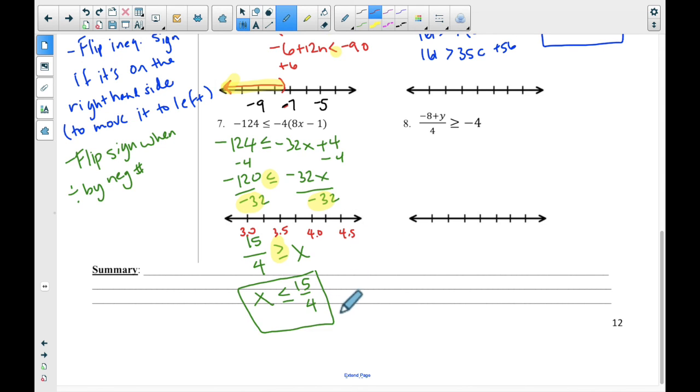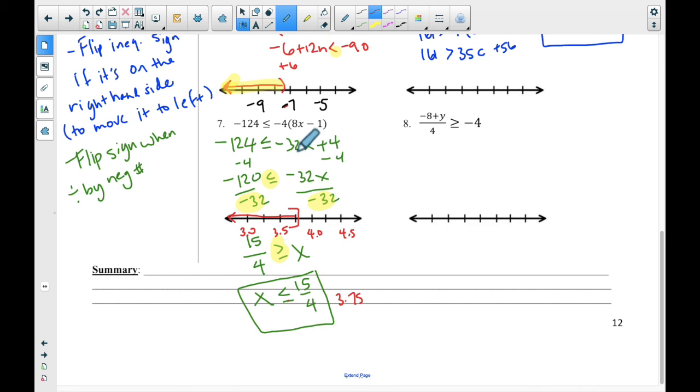So if this is 3.75, then I'm going to put it right about here. It needs to be square because of the equal sign, and it's going to go like this. That's my inequality.